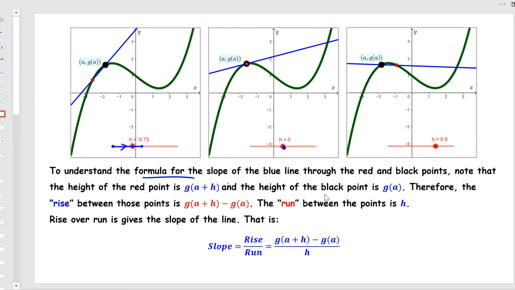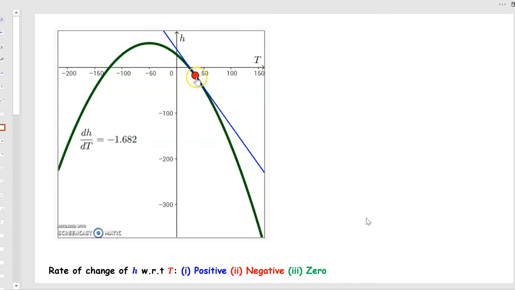Now this is for the one variable case. Also you have to know that when the derivative is negative, then it is going down. When the derivative is positive, then it is going up.